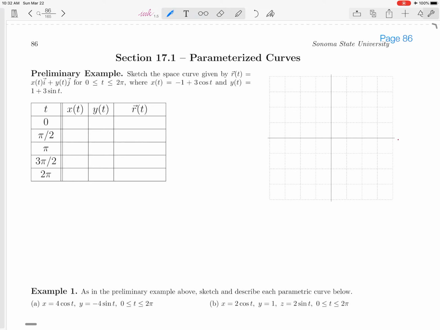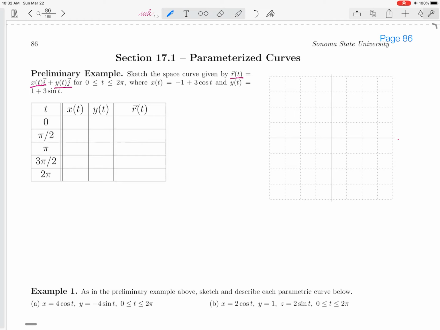In the preliminary example, we're going to sketch our first space curve given parametrically. And so it's described as a vector valued function. We have r of t is equal to x of t i plus y of t j. So for each point in time, we have an x coordinate and we have a y coordinate.